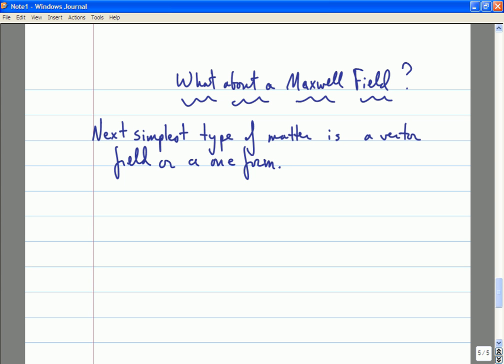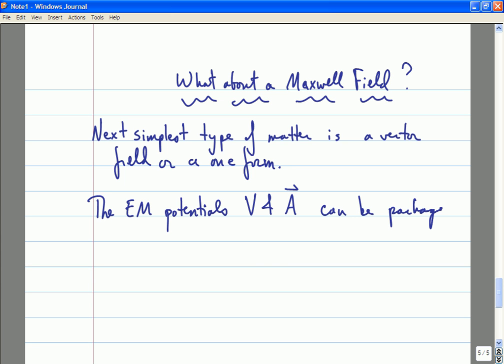So the electromagnetic fields, or I should say more properly, the electromagnetic potentials, V and A, the scalar and the vector potentials, can be packaged together into a one form, which we typically call A mu, whose components in Cartesian coordinates in flat space are just minus V and A vector.